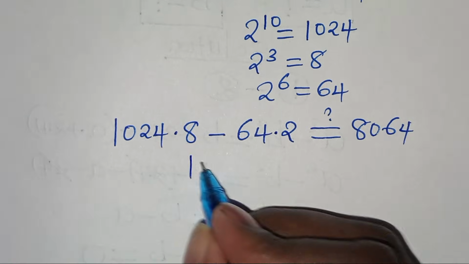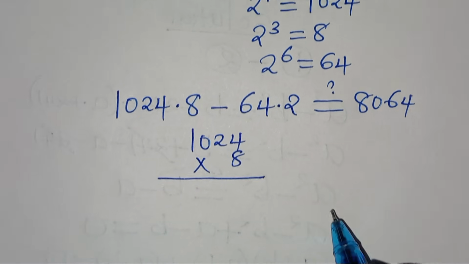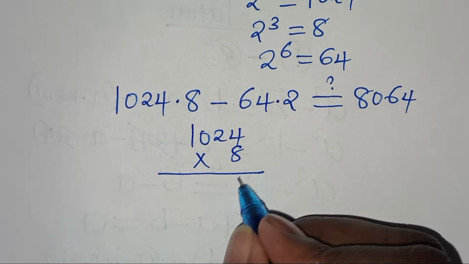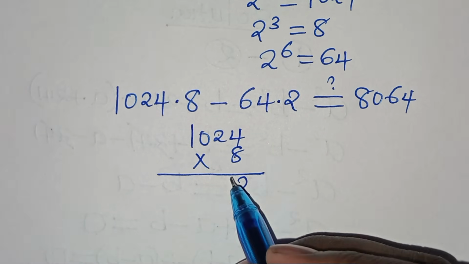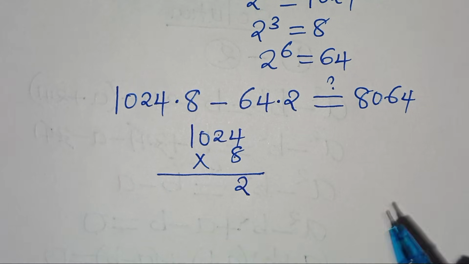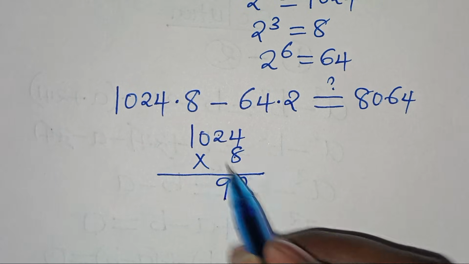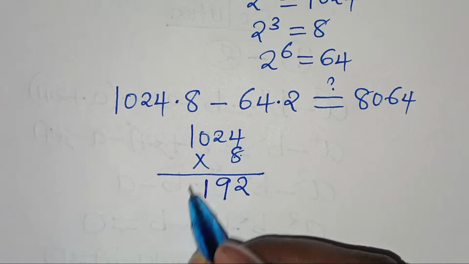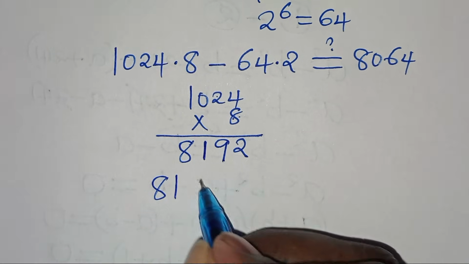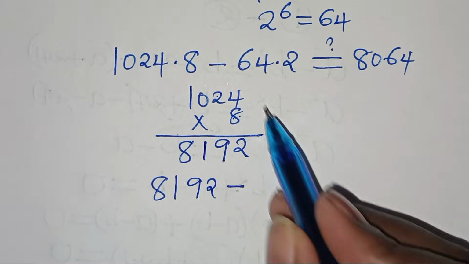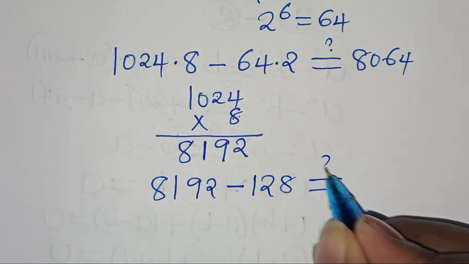So 1024 multiplied by 8. We have 8 times 4, this is 32, so we have 2 carry 3. Then 8 times 2, this is 16. Now we have 16 plus 3, this is equal to 19. Then 0 times 8 is 0 plus 1, this is 1. Then we have 8 times 1, this is 8. So we have 8192, subtract 64 times 2, which is 128.